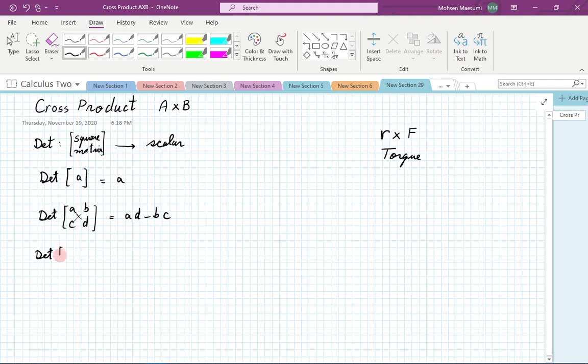For 3 by 3, so if I have A, B, C, D, E, F, G, H, I, to calculate the determinant of the 3 by 3, we have a device to help us memorize how it happens, but it's simply for memorization, and really not much can be built upon that.